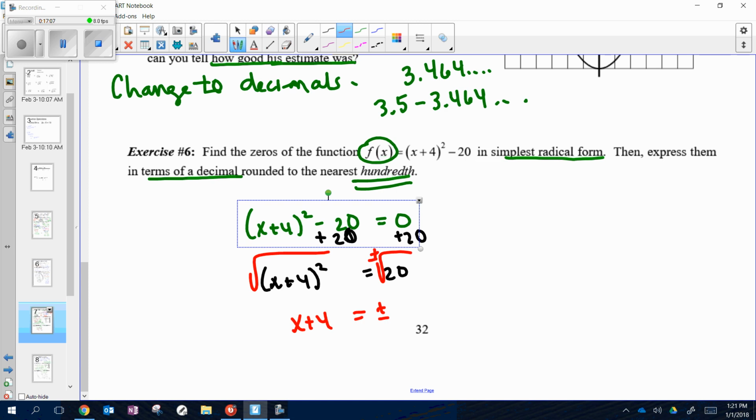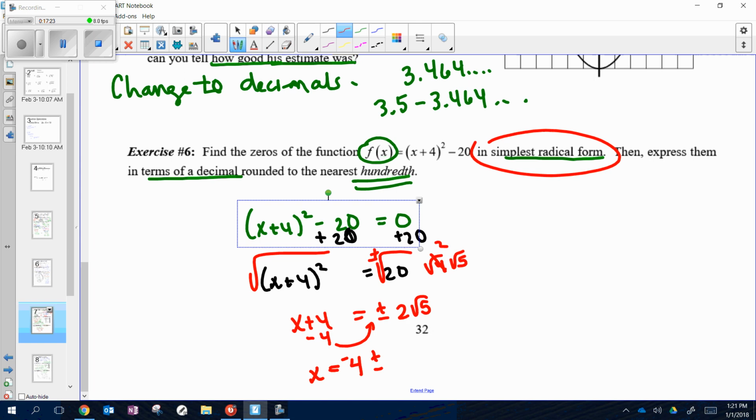I'm going for simplest radical form here. So I am going to call this 2 rad 5. Square root of 4 is 2. I'm going to subtract 4 in front of the plus or minus. So I have negative 4 plus or minus 2 rad 5.